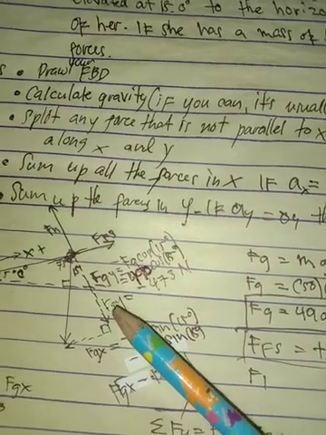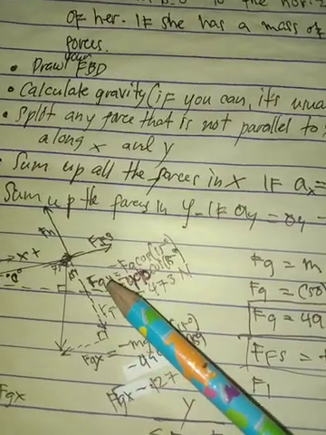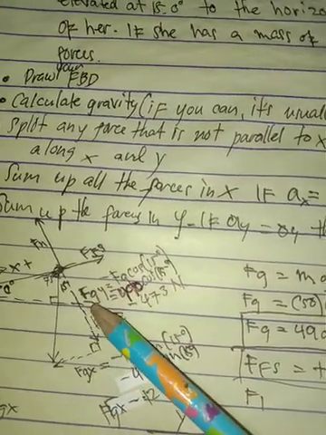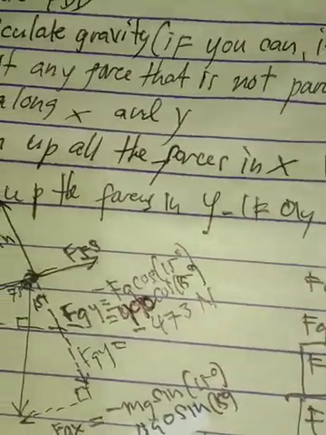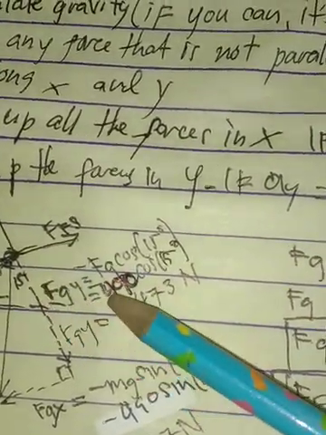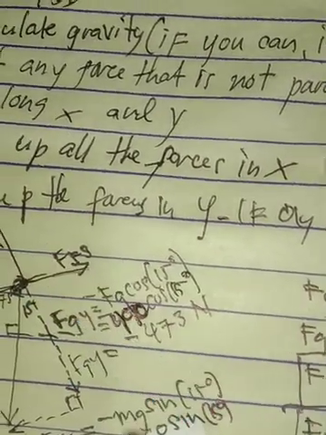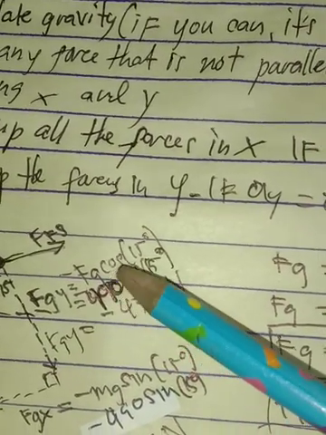Since we have the value of our Fg, now we can calculate our force gravity in the y-axis. Going down is negative. We use this equation: Fgy, force gravity in the y-axis, is negative because it is going down, so Fg cosine 15.